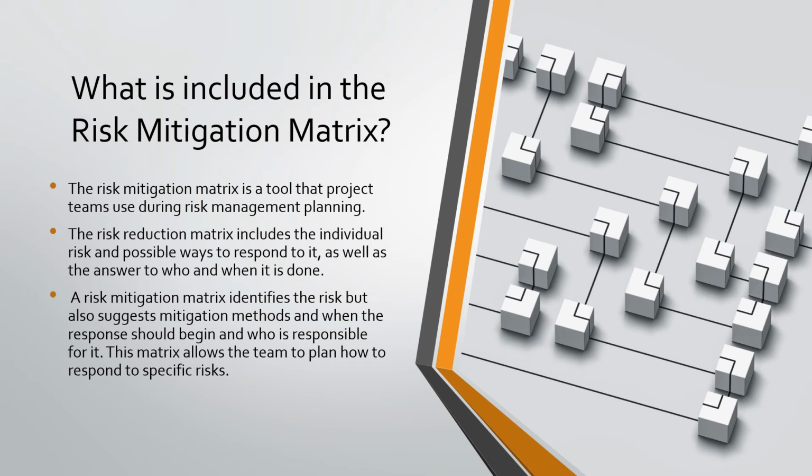What is included in the risk mitigation matrix? The risk mitigation matrix is a tool that project teams use during risk management planning. The risk mitigation matrix includes the individual risk and possible ways to respond to it, as well as the answer to who and when it is done.